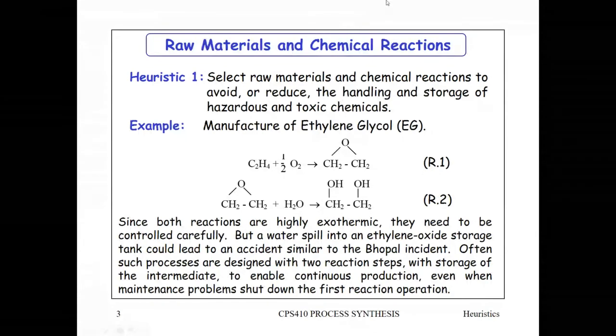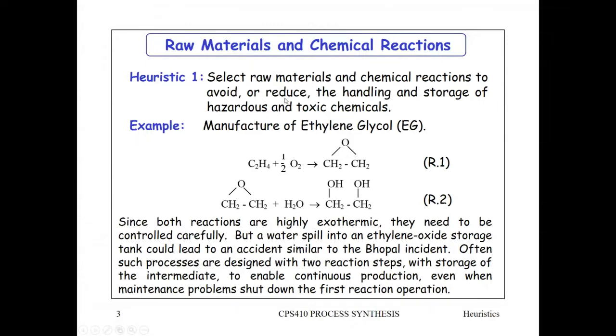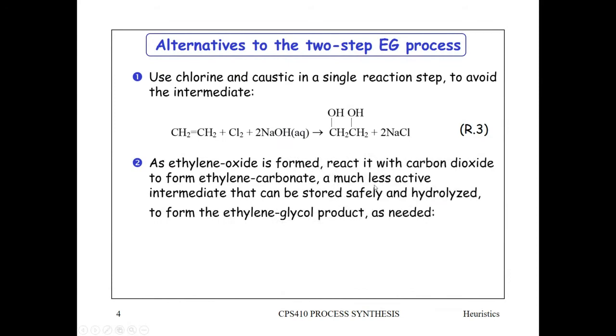If we removed it later, we would have had 2 distillation columns that include the handling and storage of hazardous and toxic chemicals. In this example, we are doing the avoidance. We are saying let's not have that intermediate at all, and that's pretty much what the next one would say. So alternative 1 is where we don't have it at all, and alternative 2, we immediately make an easier to handle or a less dangerous chemical rather than the ethylene oxide.